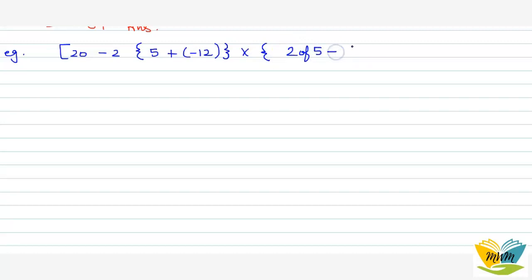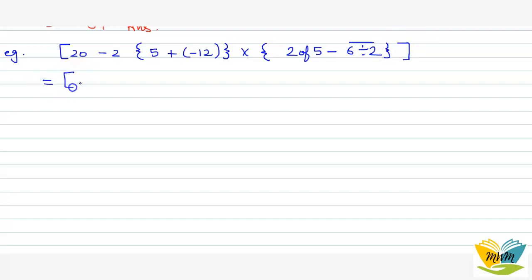I am taking one more example for this. I hope with this example the BODMAS rule will be more clear to you. Minus 12 multiply curl bracket 2 of 5 minus 6 divided by 2 vinculum curl bracket and big bracket.